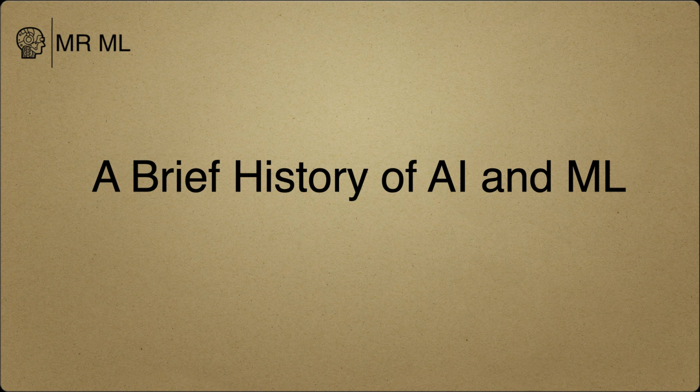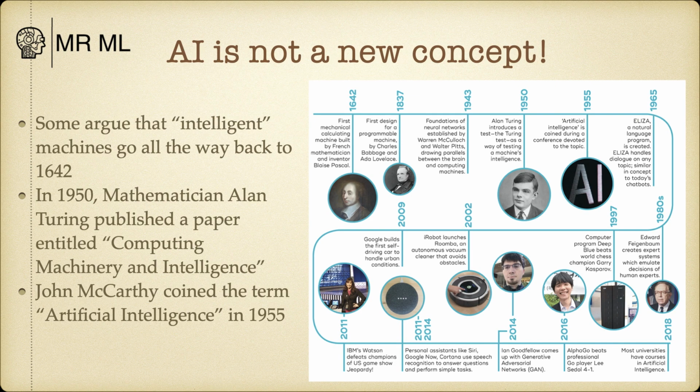Excellent. Thank you all. So now let's move to the next topic, which is a brief history of AI and ML. So one of the things that I want to make sure that you understand is that AI is not a new concept. It's been there for a while.